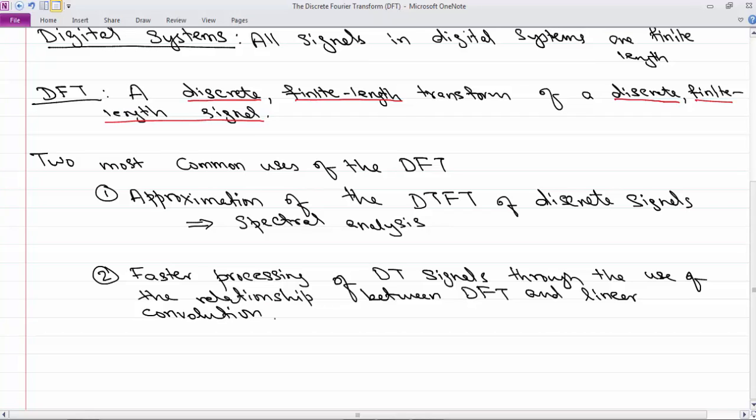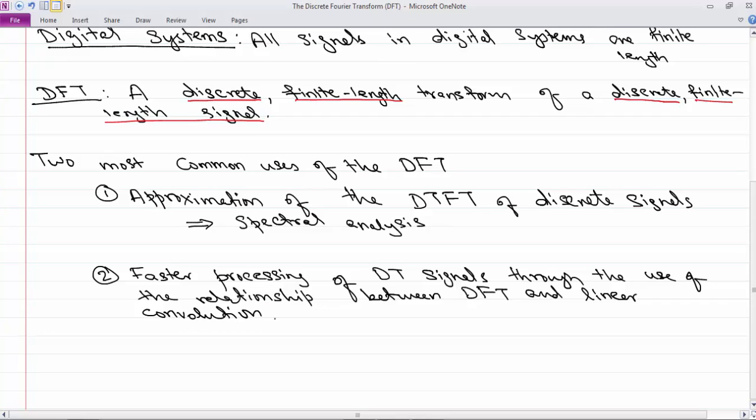This is, in fact, one of the main attractions of DFT, that you can compute it in a really, really fast manner.